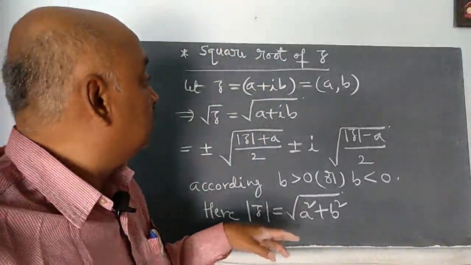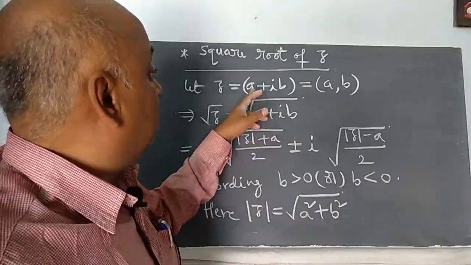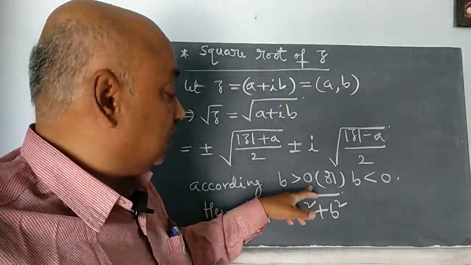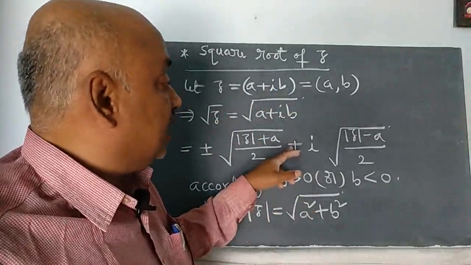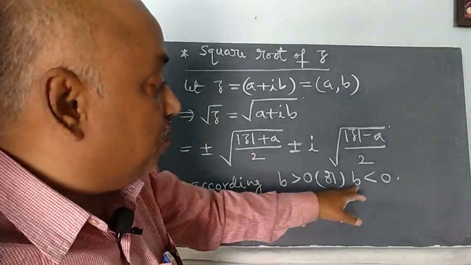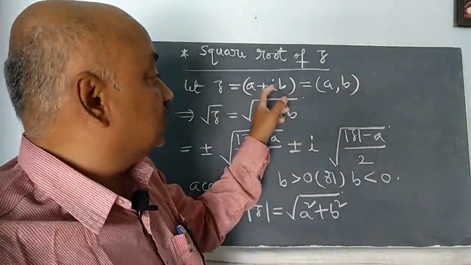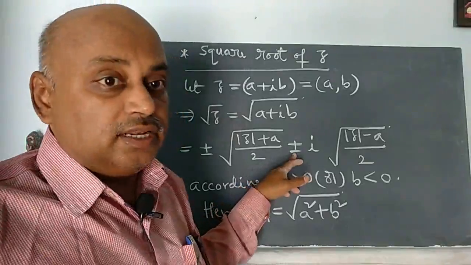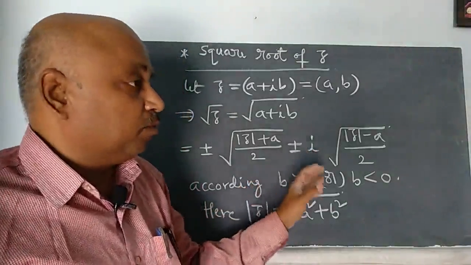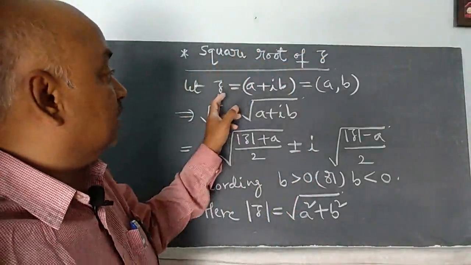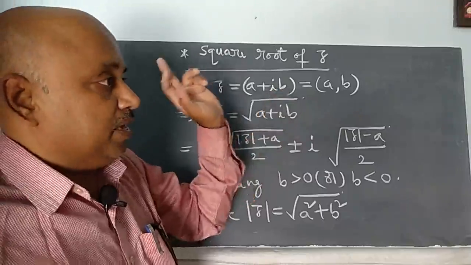See, in the complex number a plus ib, if b is greater than 0, then we consider the positive sign plus. If b is less than 0, then we consider the negative sign. So this is the formula for the square root of the complex number z equals a plus ib.